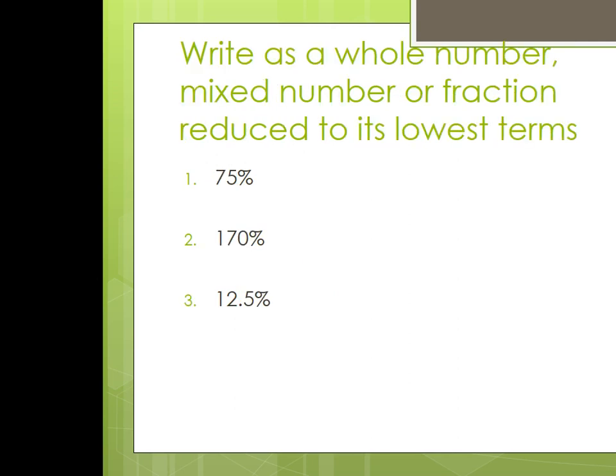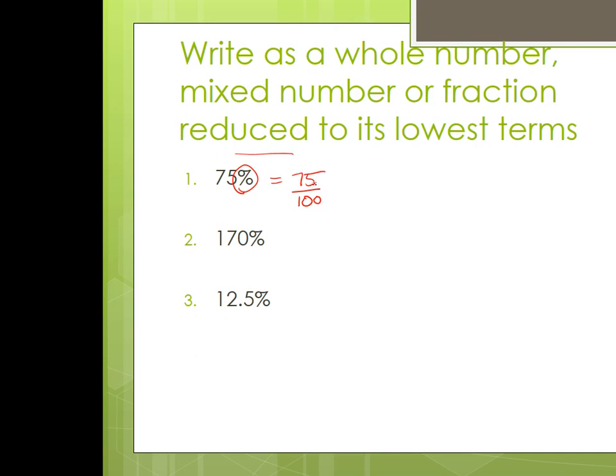Okay. Write as a whole number, mixed number, or fraction reduced to its lowest terms. So percent means per 100, so that's 75 over 100. And that's a fraction, but it needs to be reduced to its lowest terms. So you can just start dividing them by things that you know both go into them.